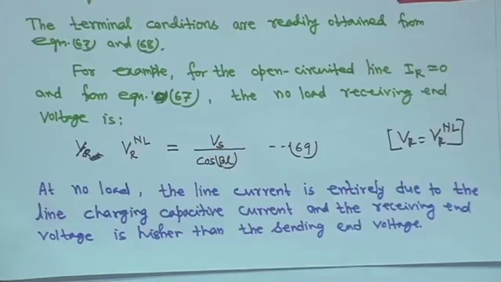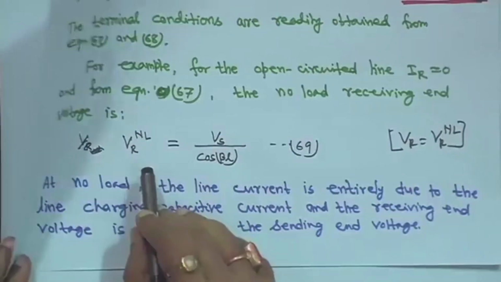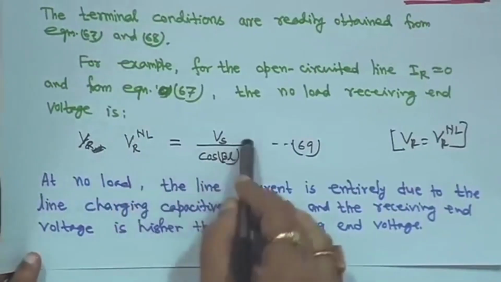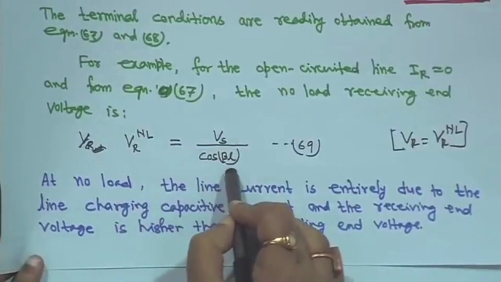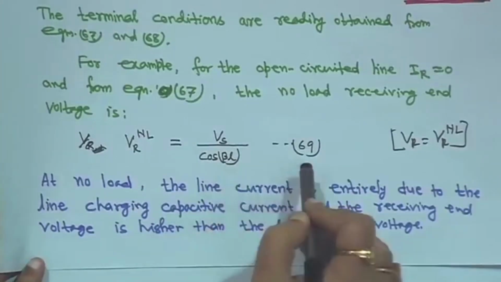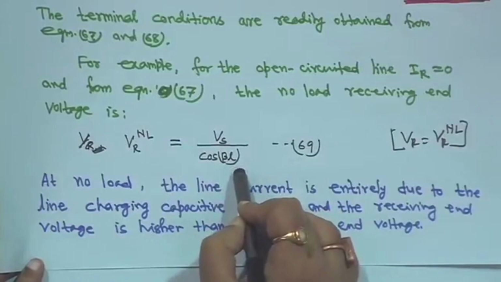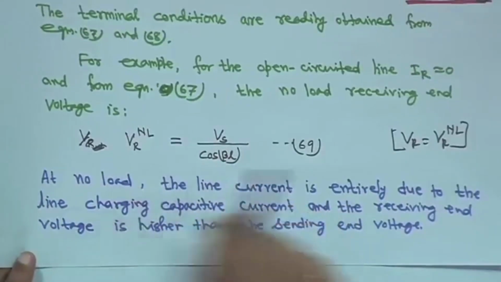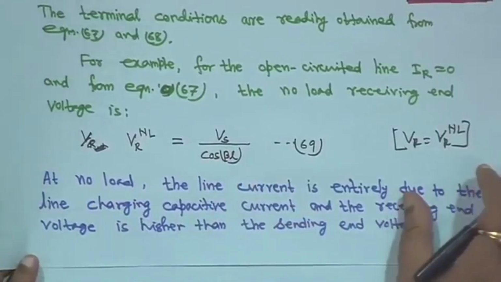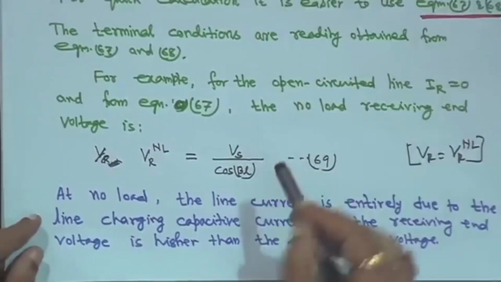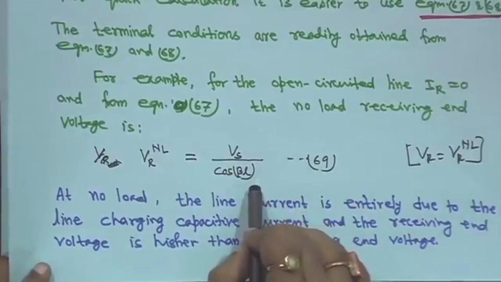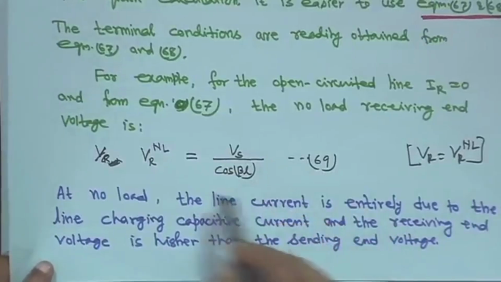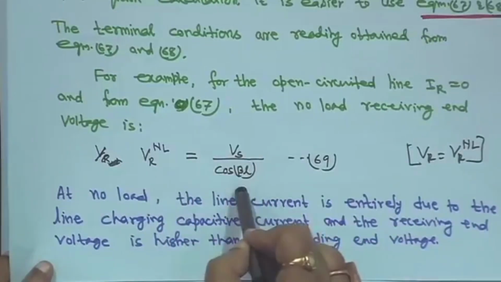So what does it signify? At no load condition the receiving end voltage is greater than the sending end voltage, because cosine is less than 1. This is called the Ferranti effect, and this is happening because of the charging admittance in the line. At no load condition this is happening. So that is why V r N L is equal to V s upon cos beta L.